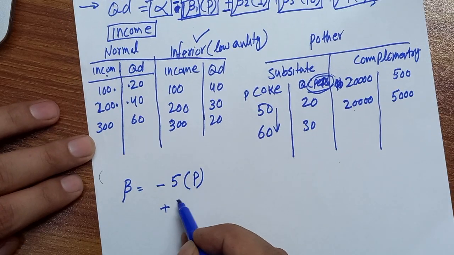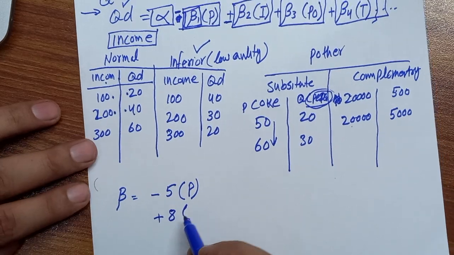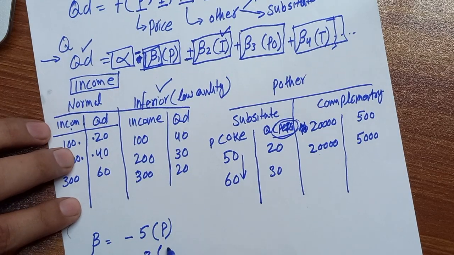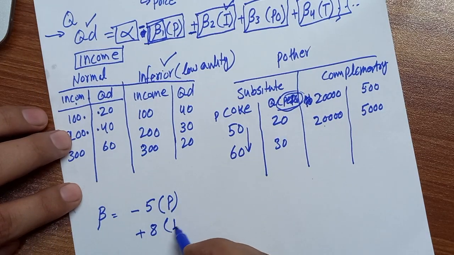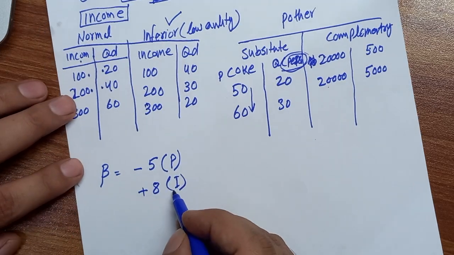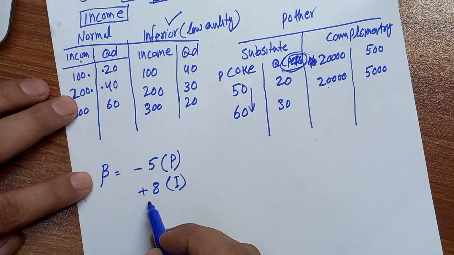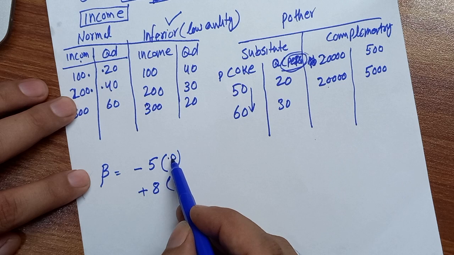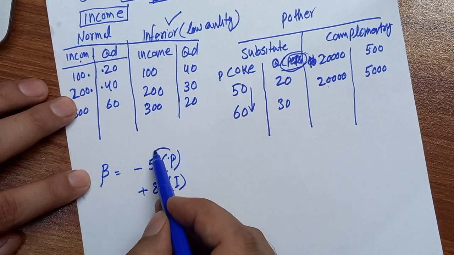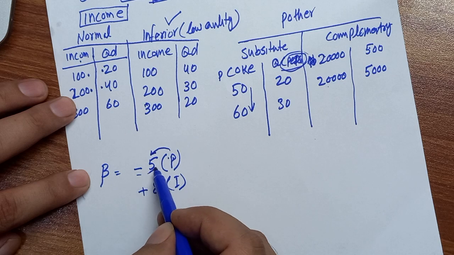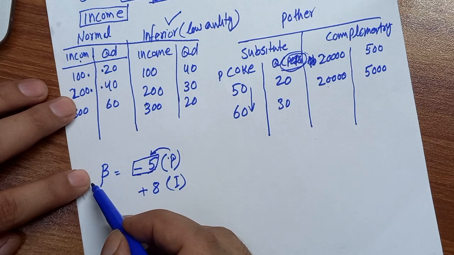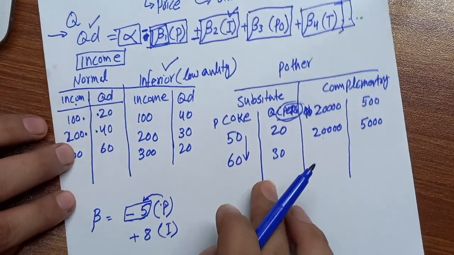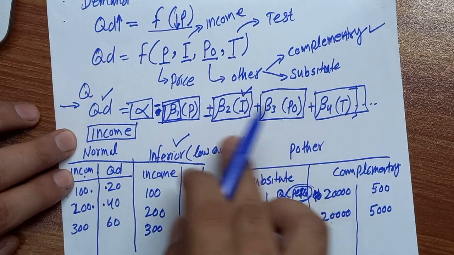Let's say we have 8, and let's say this one is income, when the income increases by 1 unit, the quantity of demand will increase by 8 units. So the beta means that when a change occurs in this variable, this amount of change will occur in the quantity of demand. So these are the demand function, and these are the factors which affect the demand.